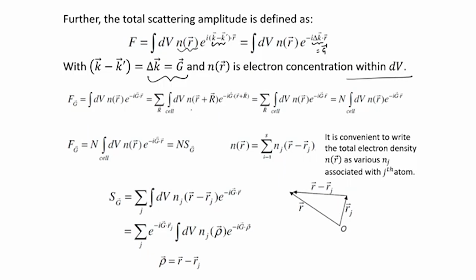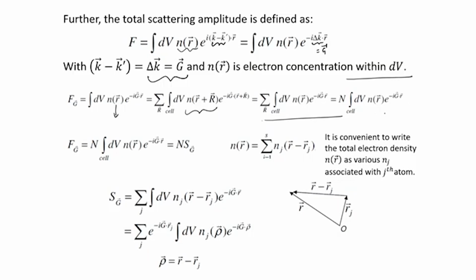Now, because of the crystal structure, the electron densities would be repeating in a periodic fashion. As you go from some point r with respect to some chosen origin to r plus capital R, where capital R is the direct lattice vector, you see the same density there. So, we can write that we integrate over all the cells, and then there is a sum over R, with n(r) equal to n(r plus R), and exponential minus i g dot r.